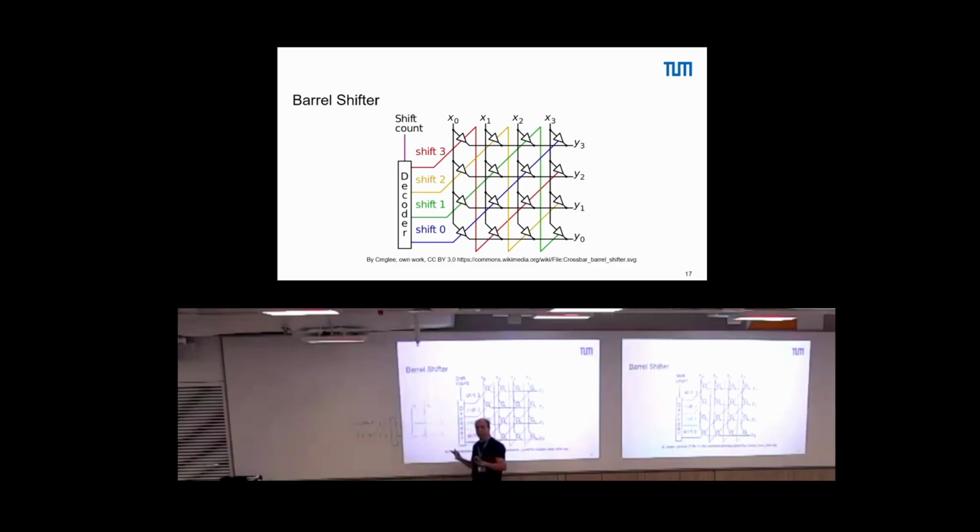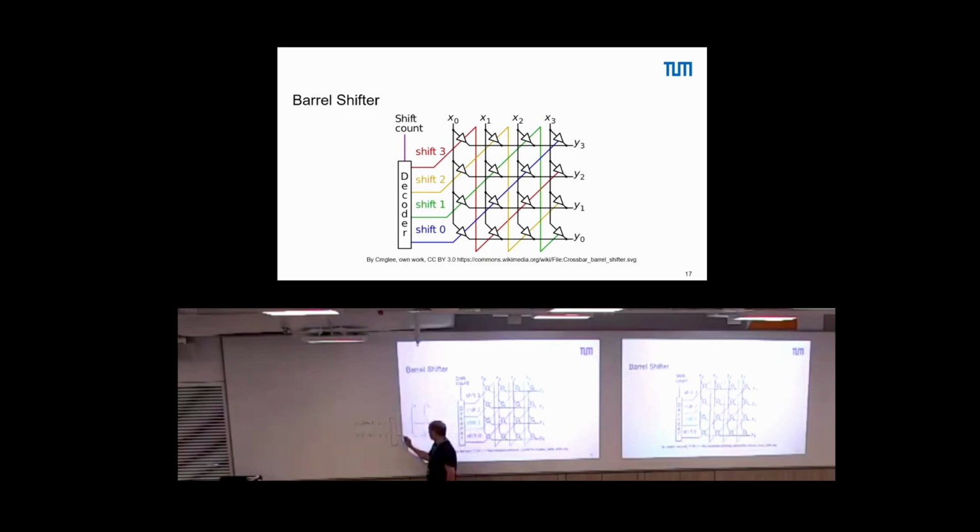Nothing yet connected. Now, if x0 goes to y, if we are in this case, we want to establish a connection between here and here, respectively between here and here, right? So we just put a switch here, okay?